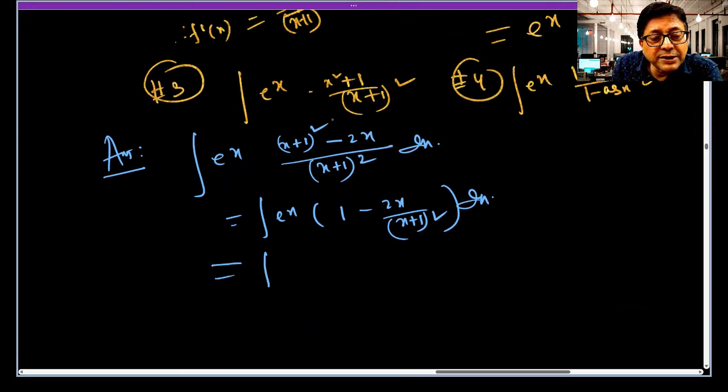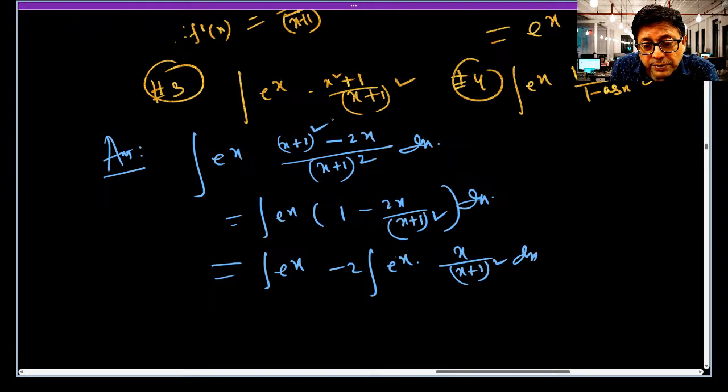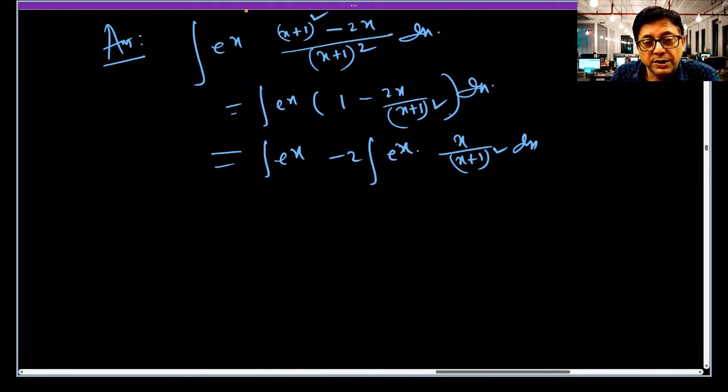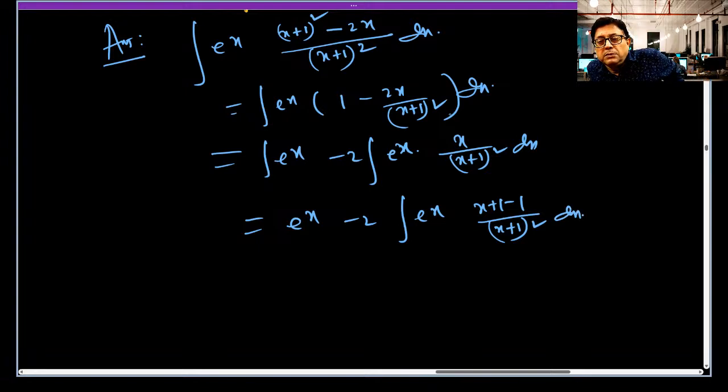So you write it as sum of two integrands. You recognize the second integrand. Hope you remember this form. I have done just now. Do it. Isn't it?